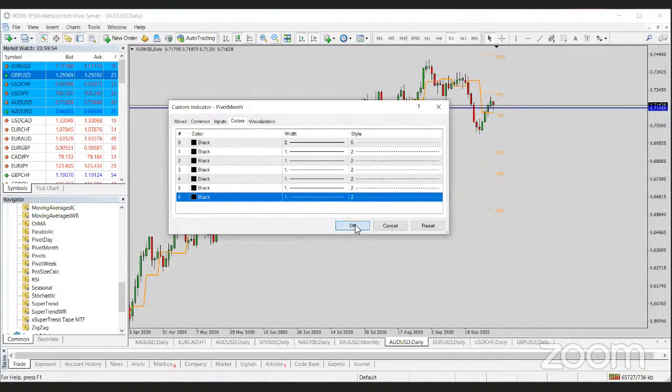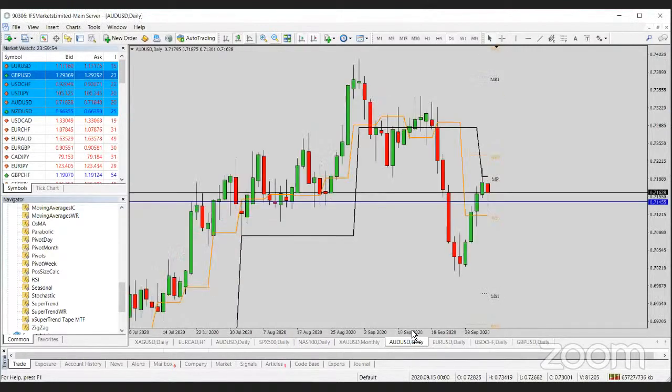Let me just add the monthly pivot on there just to show you that that is another area of decision making where if price manages to get above this monthly pivot here, then I will for sure be looking out for long opportunities. Now, with my either or trading, I tend to look for more conservative opportunities than I otherwise would.